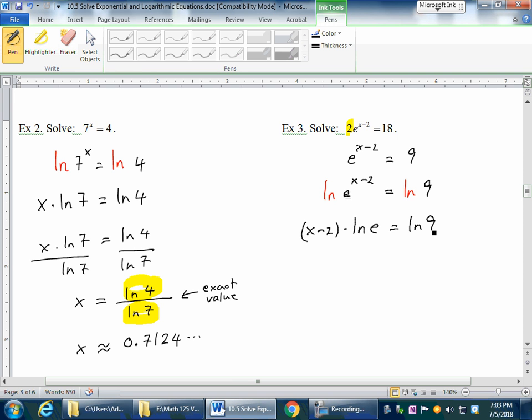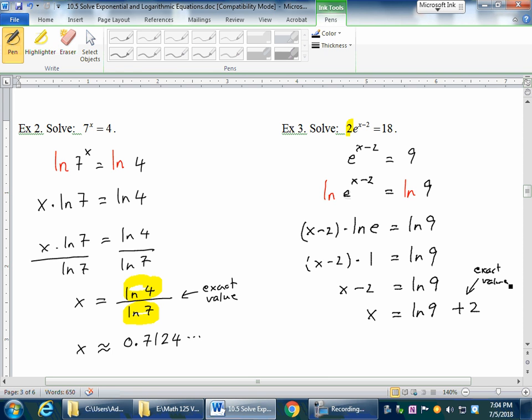We know that from the properties ln of e is equal to 1, so it will be x minus 2 times 1, that is equal to ln of 9. So basically, when I distribute the 1, that will be x minus 2 is equal to ln of 9. So therefore, my x is equal to ln of 9 plus 2. This is my exact value.